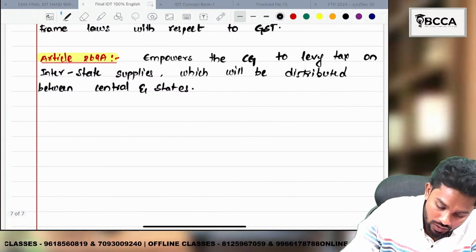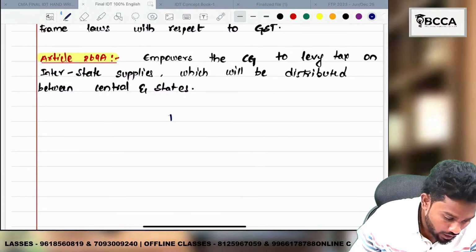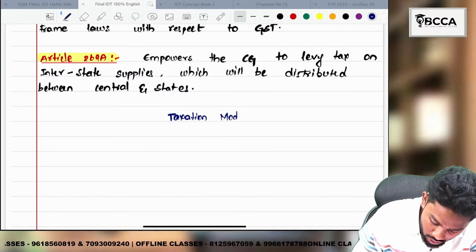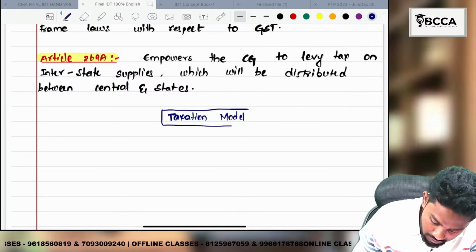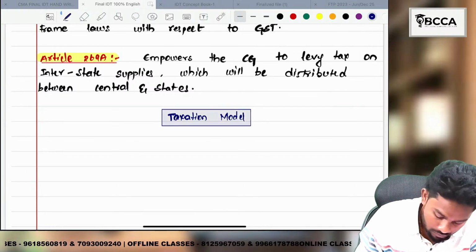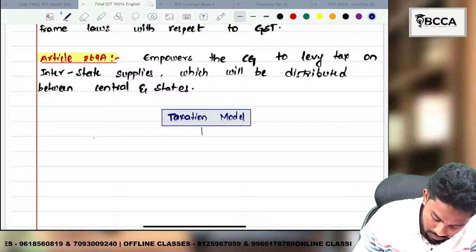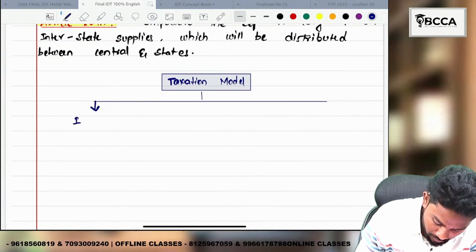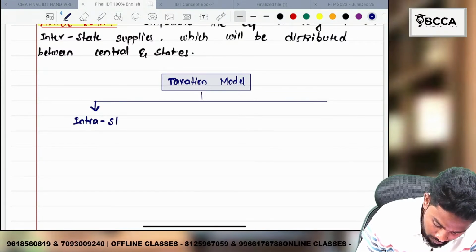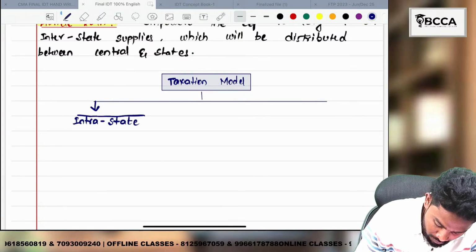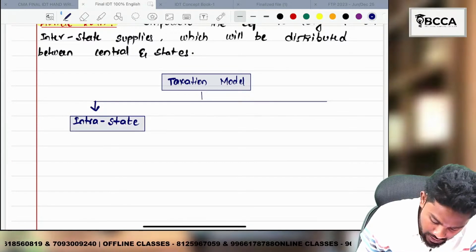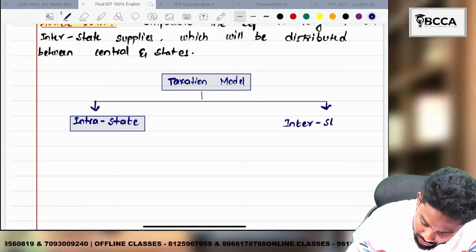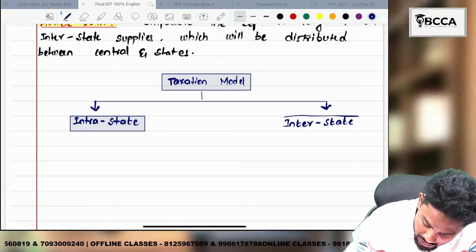Okay, so we'll write down, sir, for you to understand how the taxation model works. Intrastate, interstate.